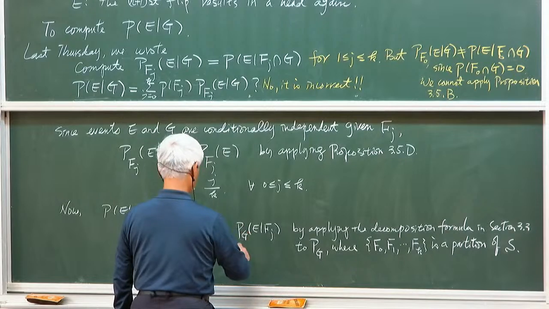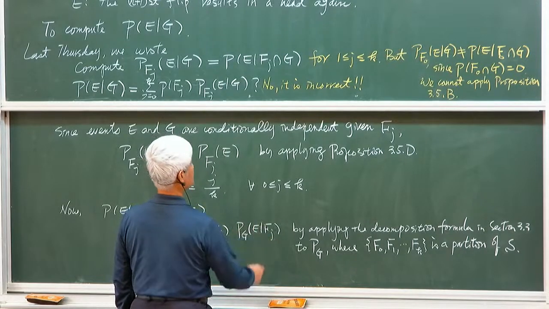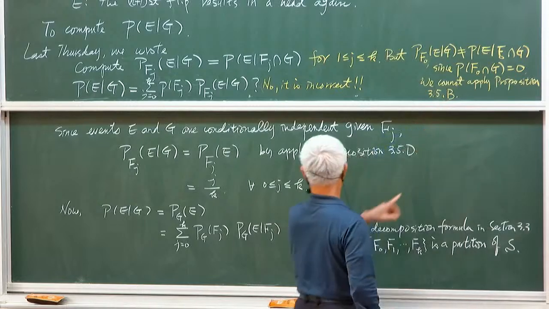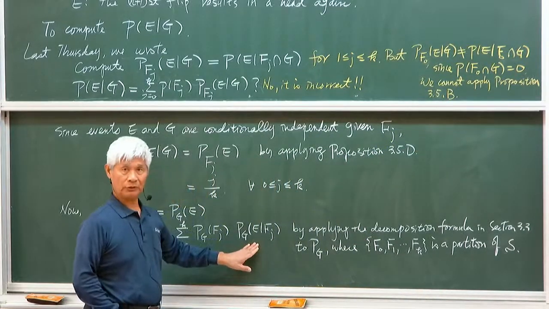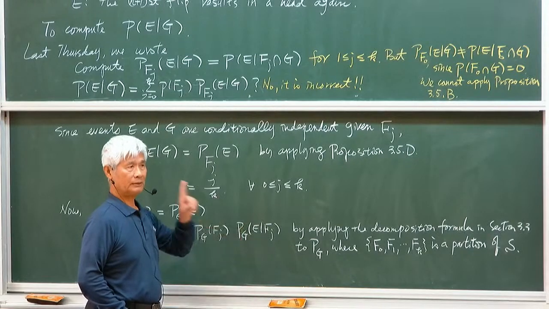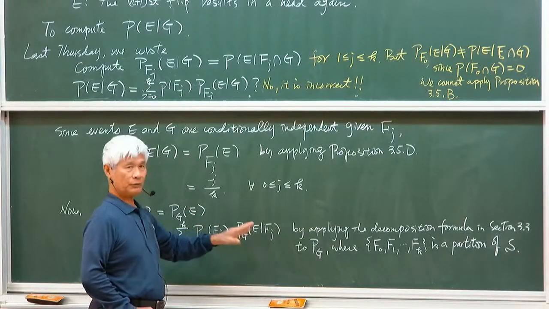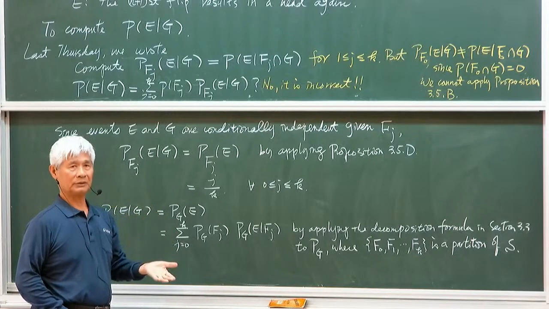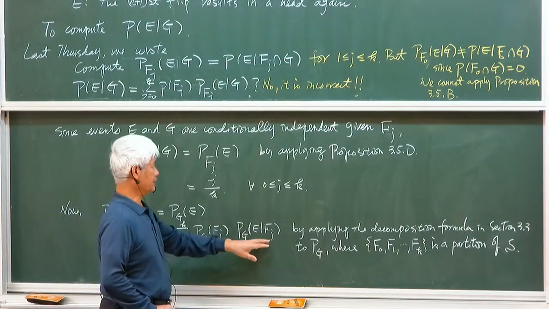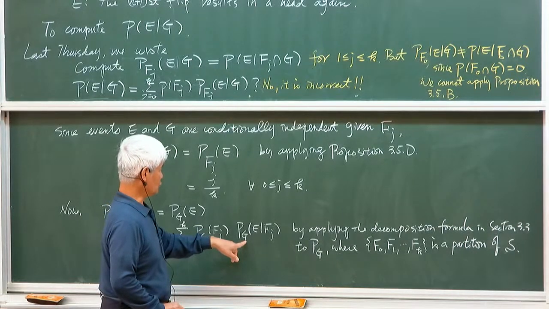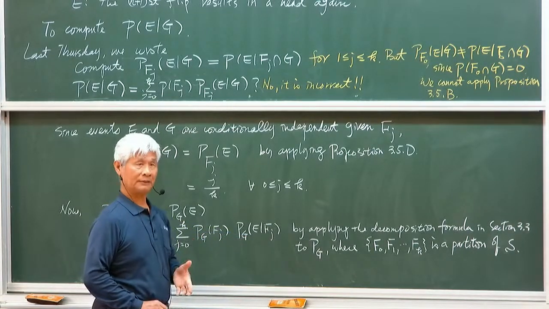Now, if we want to use proposition 3.5.d, this is the two-label conditional probability, right? But be careful. If you want to turn the two-label conditional probability into a one-label conditional probability, you have to make sure that the probability of the joint event G and Fj is positive.